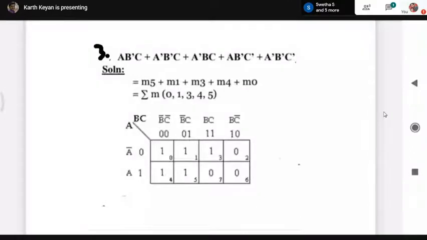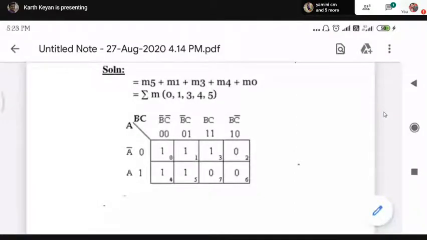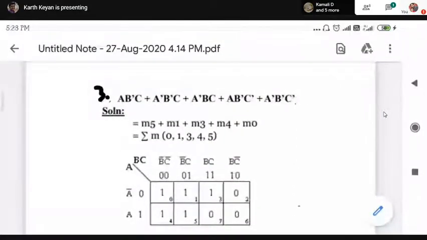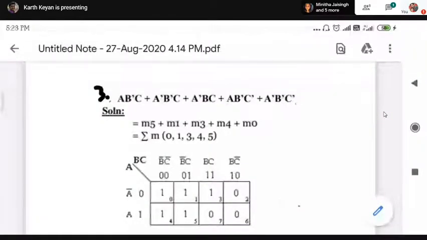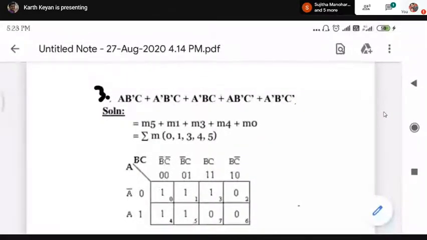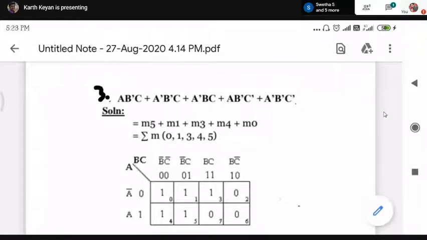The first term is A B bar C, the second term A bar B bar C, the third term A bar B C, the fourth term A B bar C bar, and the last term A bar B bar C bar. The combination of all the terms is called the expression.